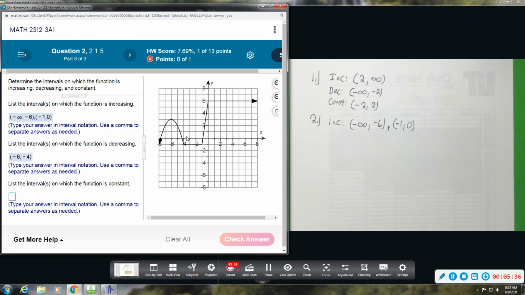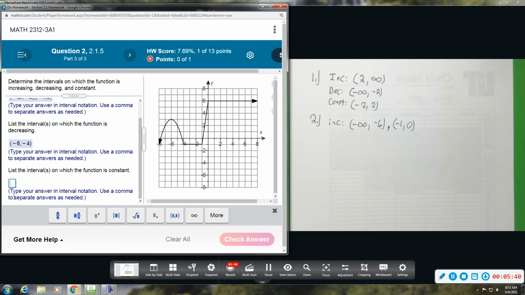So that's from -4 to -1. That's the first section. And then comma, we have another constant part. This part is constant starting at the x value of 0, going all the way to positive infinity. So 0 to infinity, going to the right side.